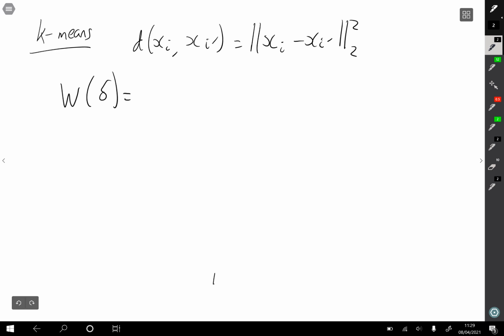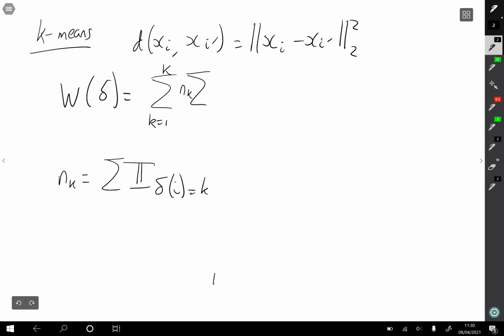We find that the within cluster scatter reduces to the sum over k from 1 up to k of nk, where nk is the number of points assigned to cluster k, so that's the sum over i equals 1 to n of the indicator delta i equals k. So it's the number of points assigned to cluster k.